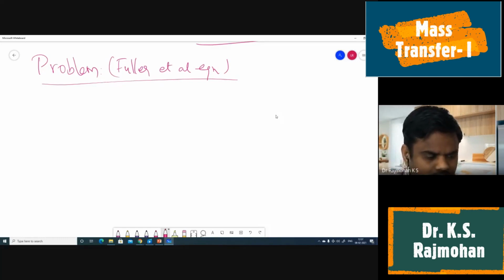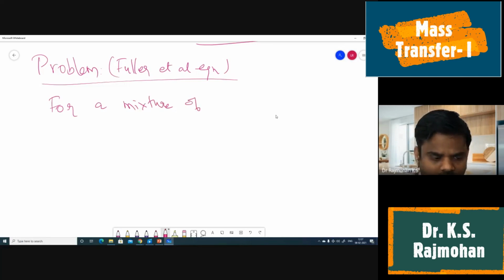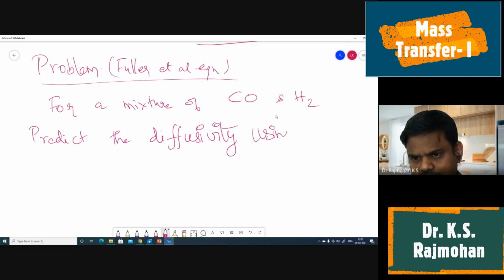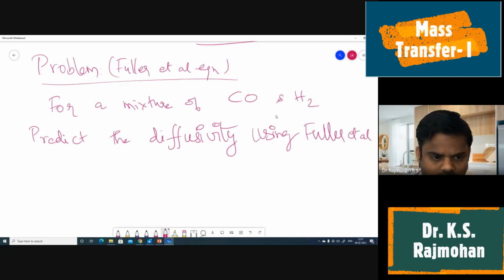Take down: a mixture of carbon monoxide and hydrogen. Predict the diffusivity using the Fuller et al equation for the following conditions.